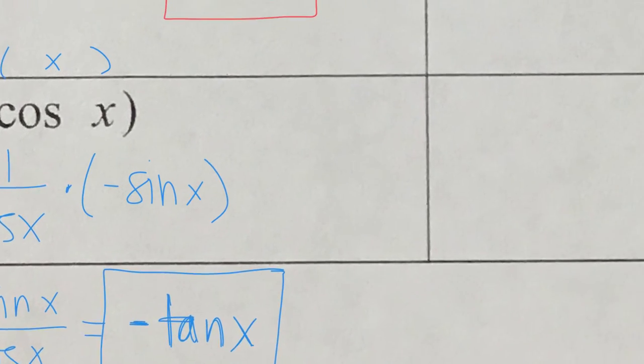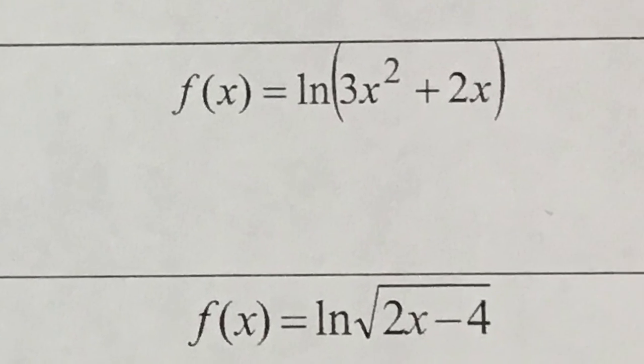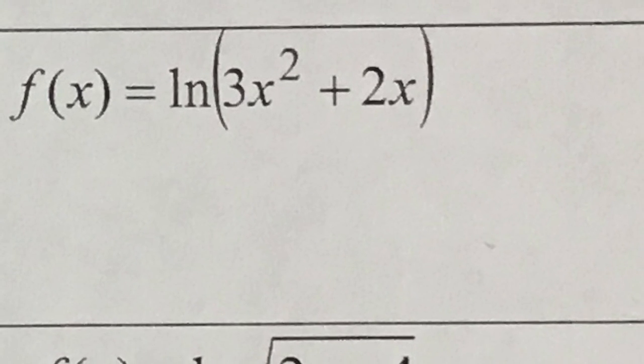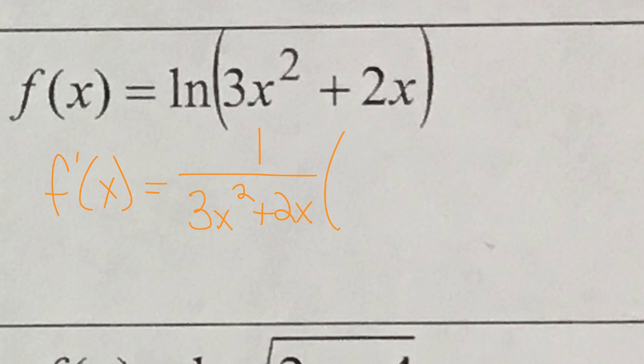Okay, let's scoot over here, and we have the natural log of 3x squared plus 2x. So let's see what the derivative of this is going to be. So we have f prime is 1 over 3x squared plus 2x times the derivative of 3x squared plus 2x, which is 6x plus 2.